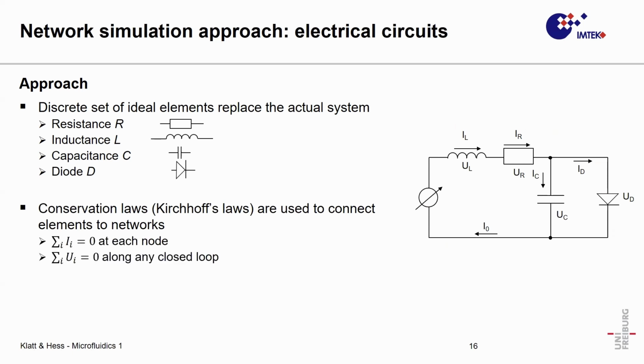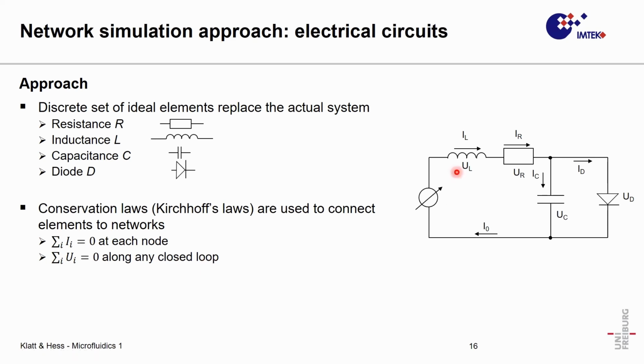The first one is that the sum of the currents at a node, for example, at this node, must be zero. So the sum of this current and this current should be zero at this point. This is something like the mass conservation. And then the second is that the sum of all voltages in a closed loop must be zero.